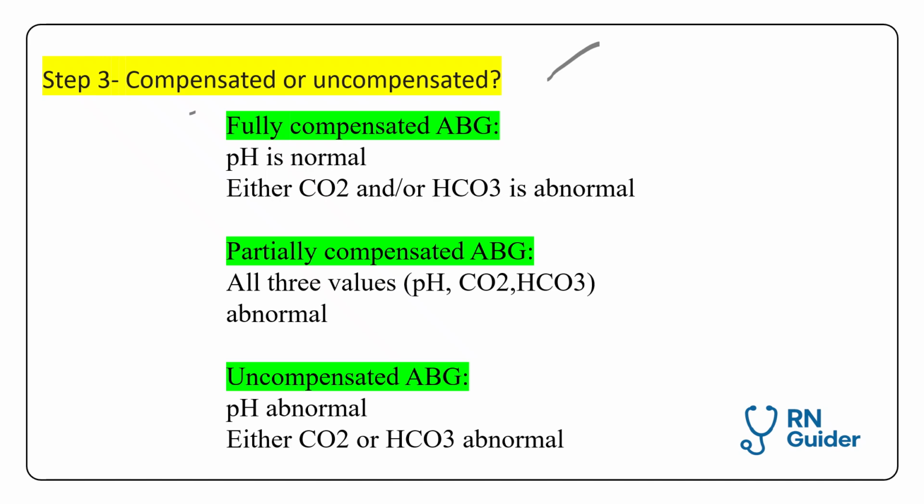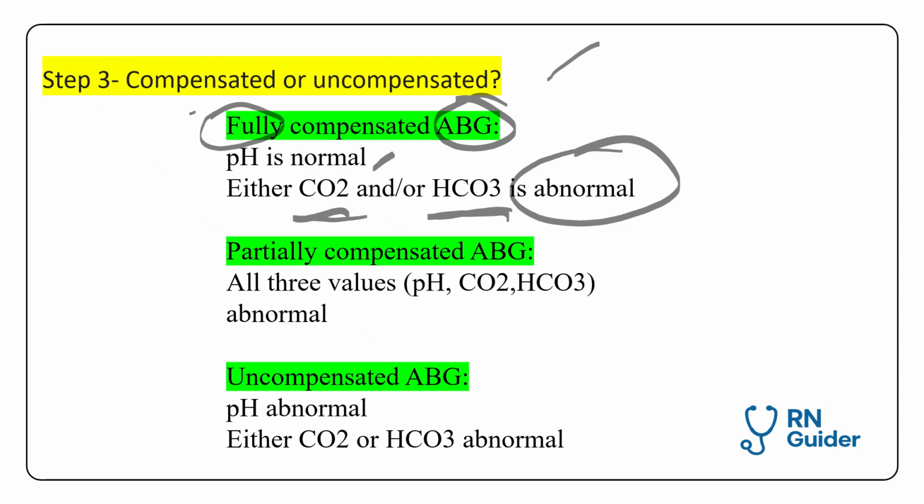Here it is nicely written that we consider the ABG fully compensated if the pH value is normal and either carbon dioxide or bicarbonate is abnormal. That will be considered fully compensated because pH is normal.